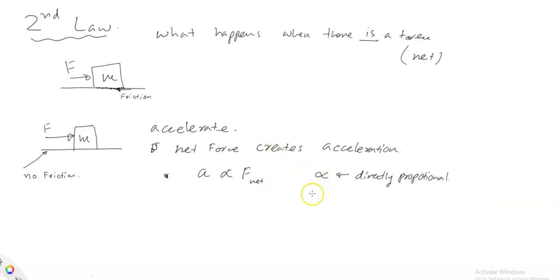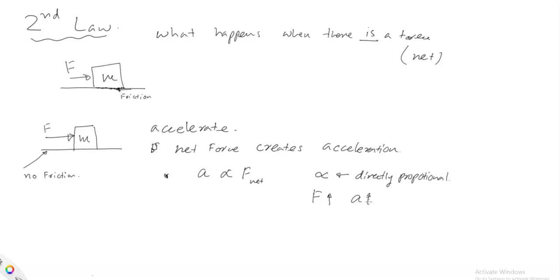Directly proportional means when you increase one, like when you increase the force, the acceleration also increases. This arrow means it's increasing. When one quantity increases, the other increases. If one decreases, the other also decreases. They follow each other. So acceleration and force are directly proportional to each other.